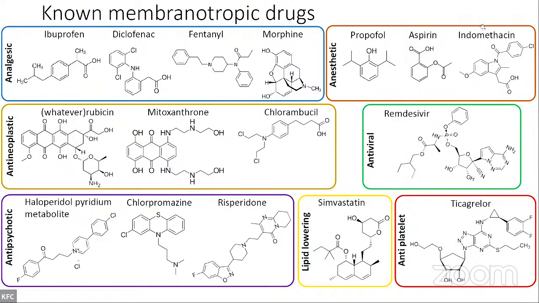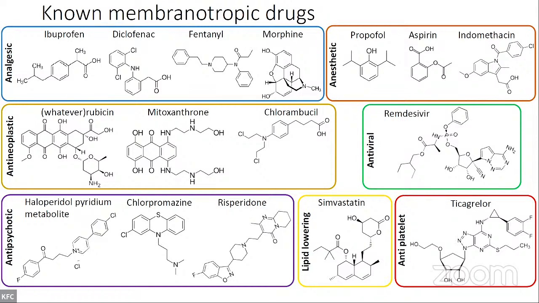But at the same time, we have, for example, anti-cancer drugs, several classes of them. Here you can see doxorubicin, for example, but this is true for whatever rubicin, there are a lot of them. All these compounds are quite complex in comparison to the others, which you can see here, but all of them are kind of amphiphilic. And there is one drug which is lipid lowering. It's somehow related to lipids, but not in the sense which you want to see.